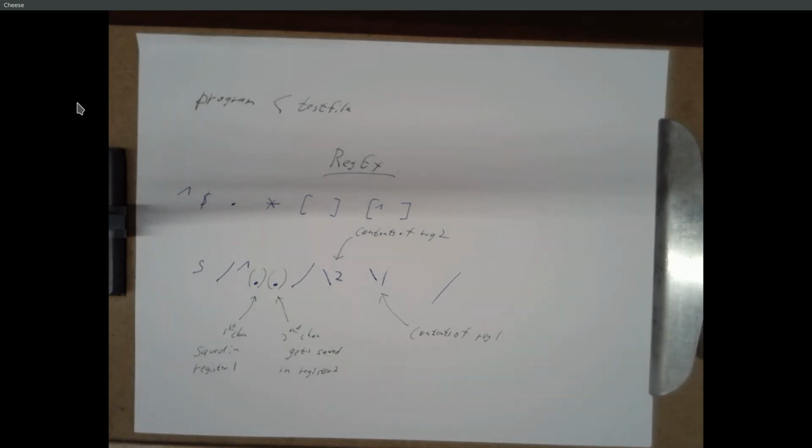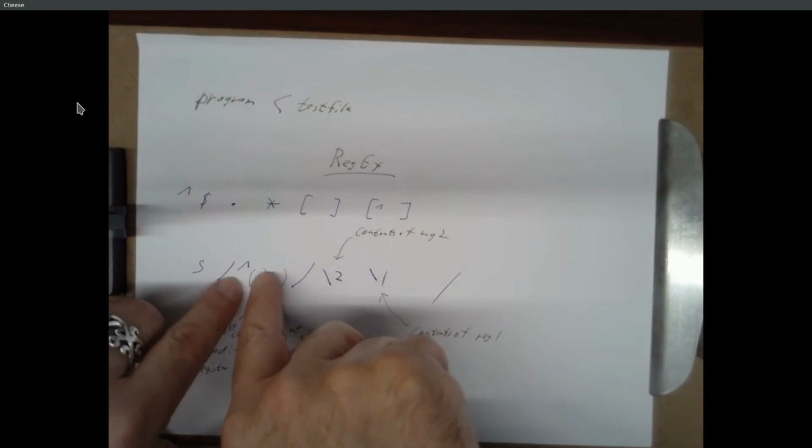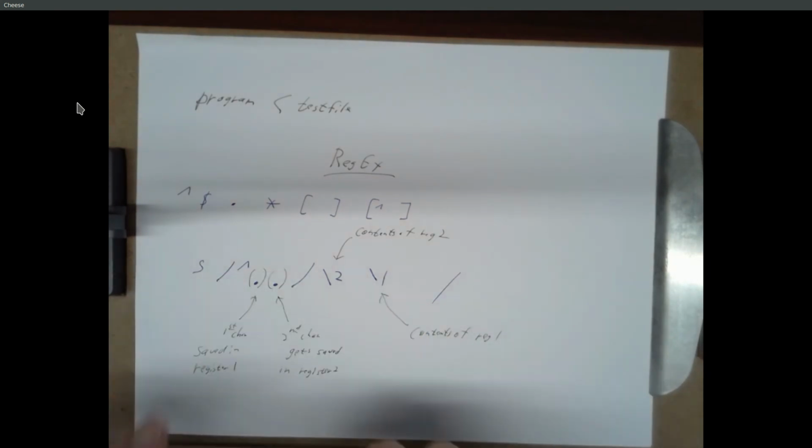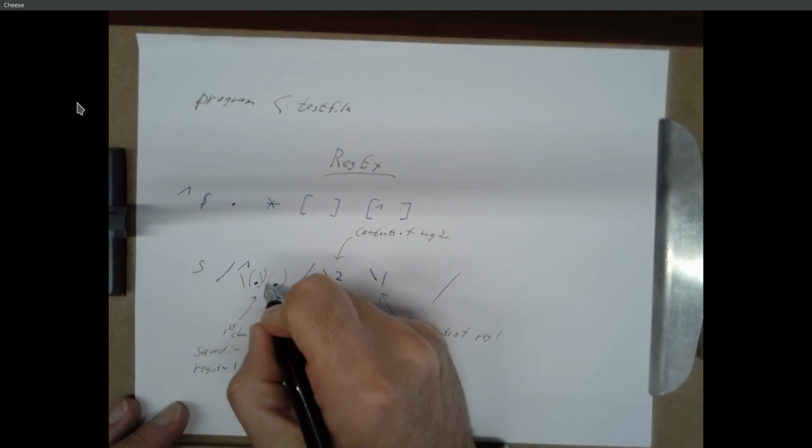There's one additional detail. Normally when you have a parenthesis, it just means the character left parenthesis, the character right parenthesis. So to use these parentheses to throw things into registers, you need to backslash them.